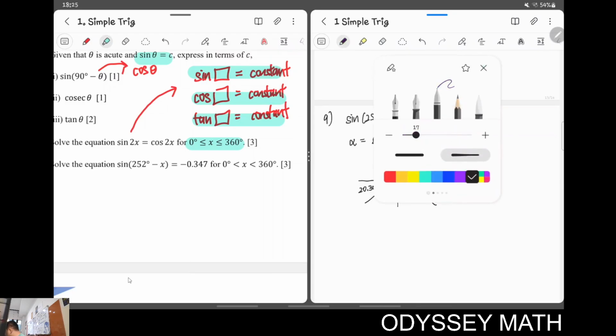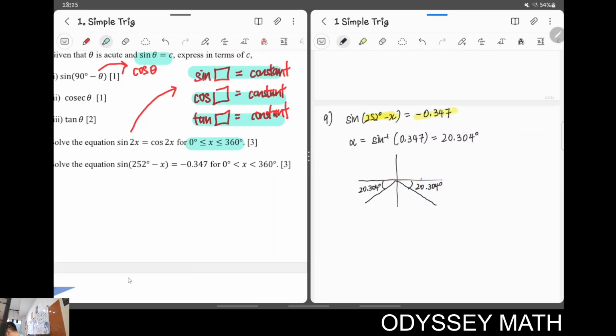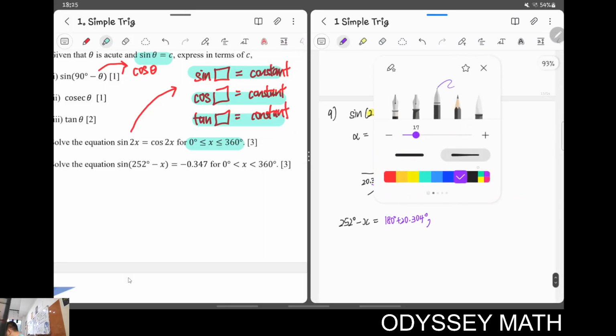So we have, remember, this 252 minus x. So 252 degrees minus x equals 180 plus 20.304 degrees. Okay, and then we have, this I am doing the student method already.